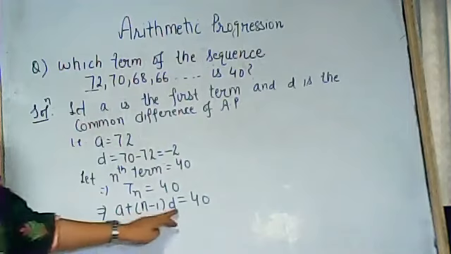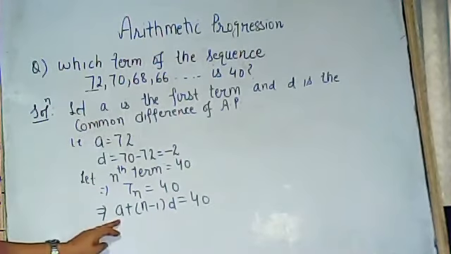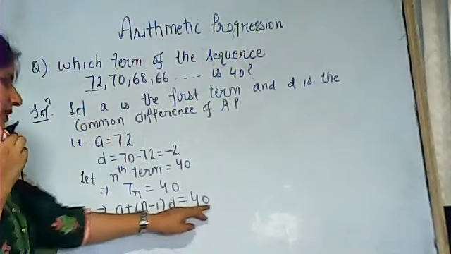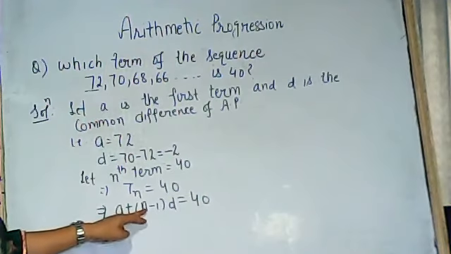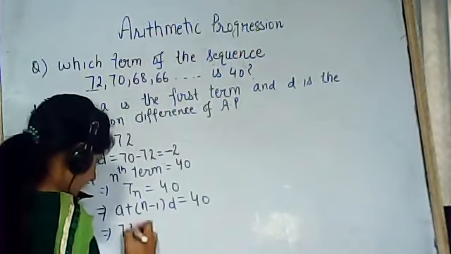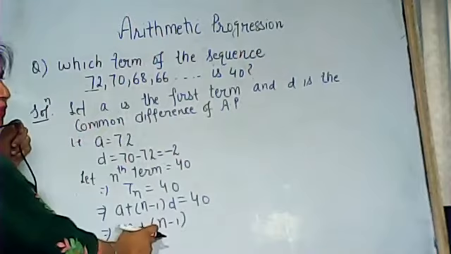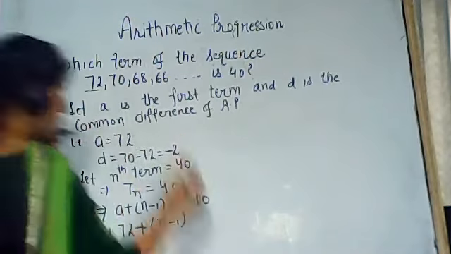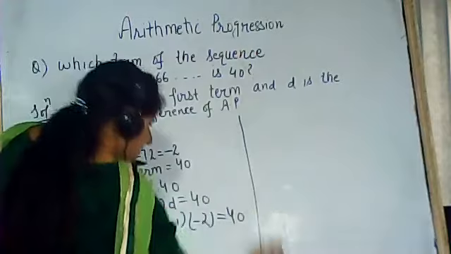Now the values of A and D are already available in the example. So substitute the values of A and D in this formula, and after simplification, we will get the value of n. A is equal to 72. n minus 1 will be as it is since we don't have the value of n. And D is equal to minus 2. Again, the right hand side will be the same.